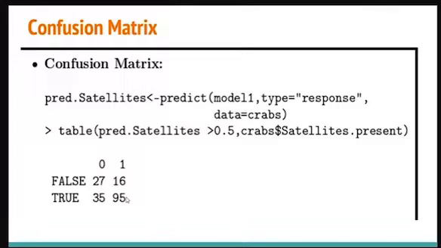This one is TNR, and this is FPR, which is FP divided by TN plus FP.